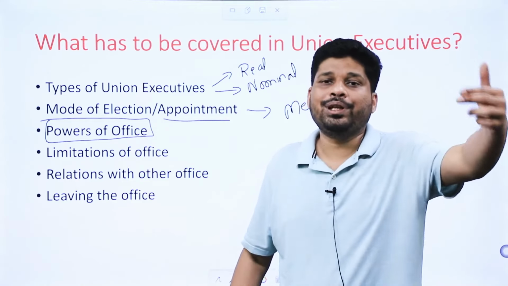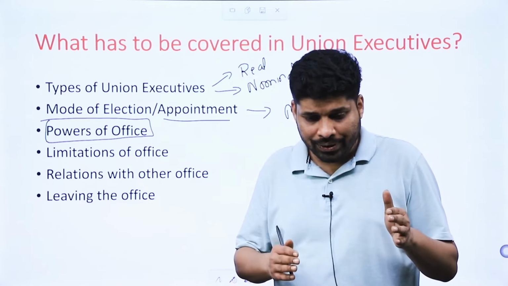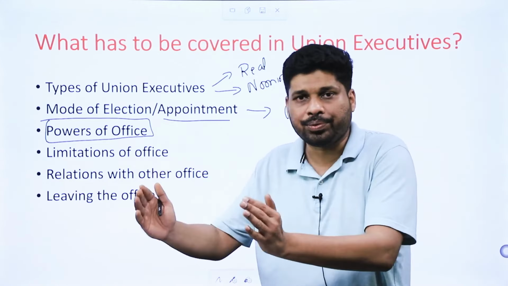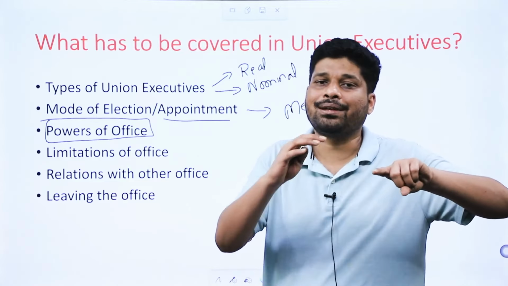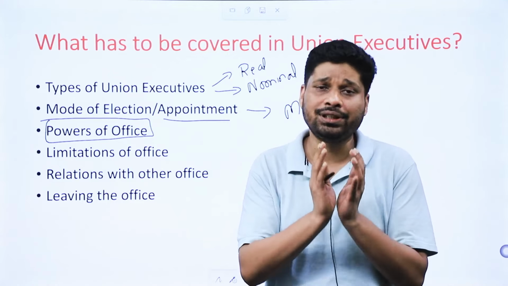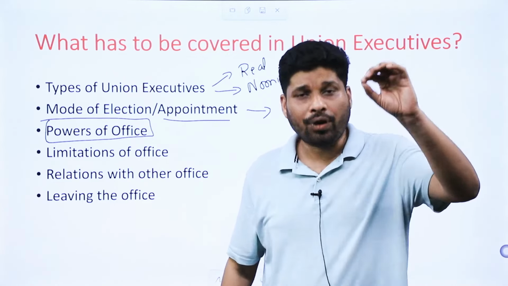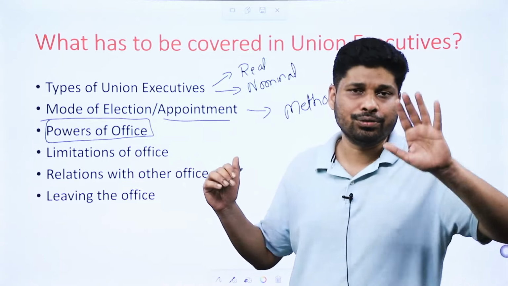Relation between the Prime Minister and Parliament also becomes important. Relation between the President and the Supreme Court also becomes very important. So you have to look at a particular executive office in a holistic manner. What specific points need to be covered, we'll see while we go through the PYQs.